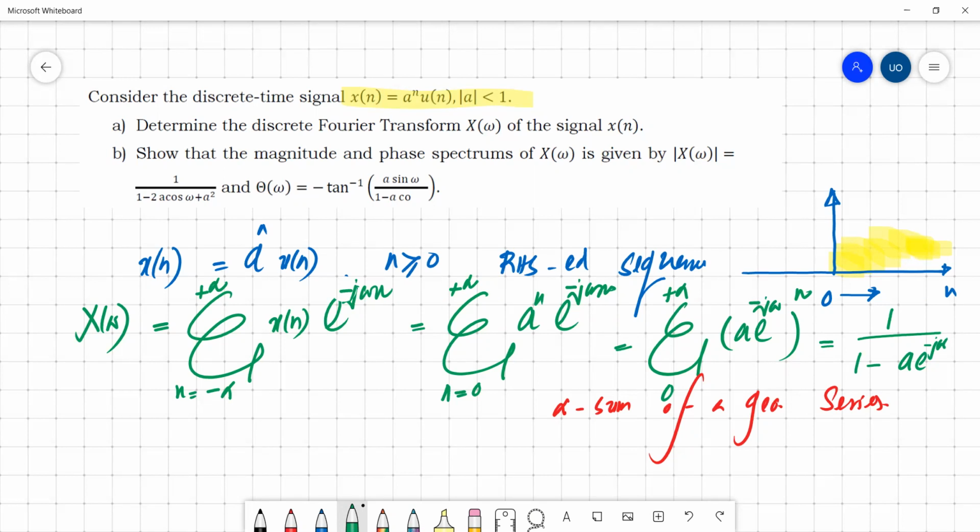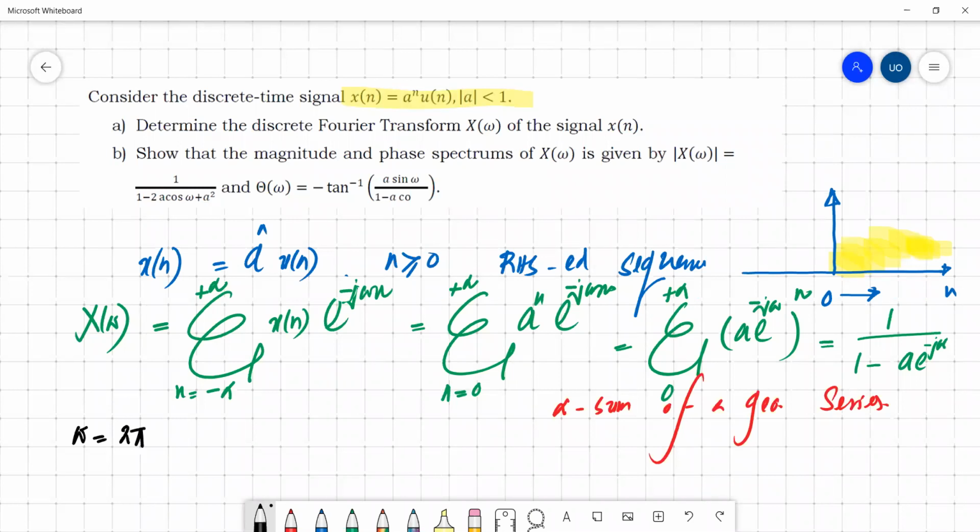If you want to make it completely discrete, you can simply substitute. This omega, if you remember, we first obtained the continuous Fourier transform and made it discrete by splitting the omega domain into N equal spaces.